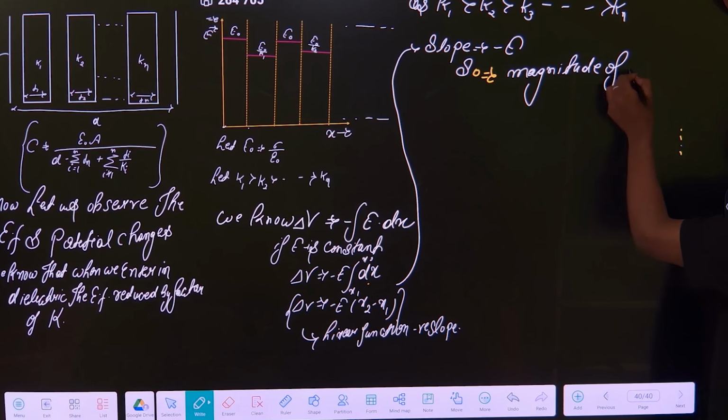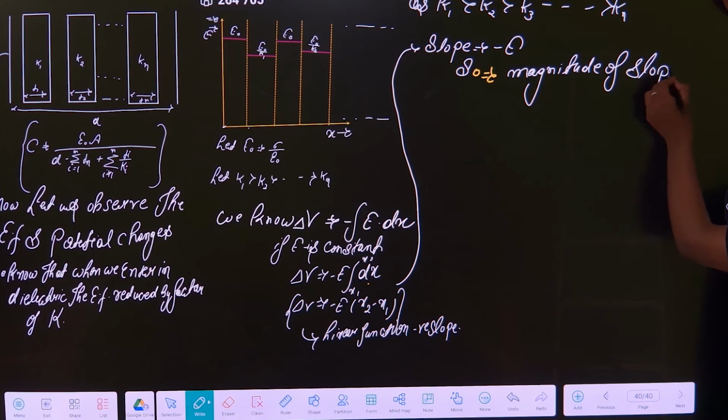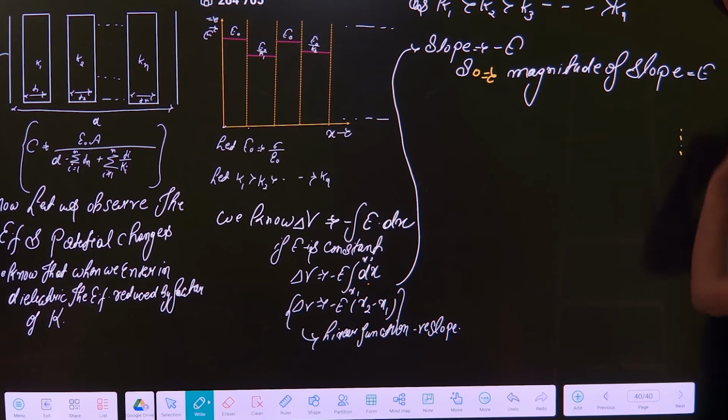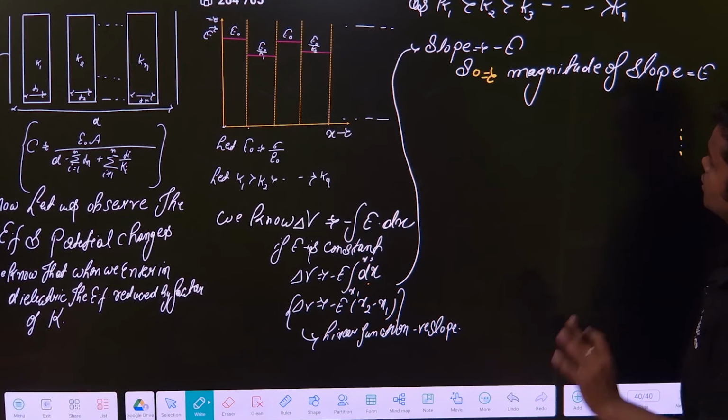What is the magnitude of slope? The magnitude of slope is E. Correct? I am talking about the magnitude of the slope.